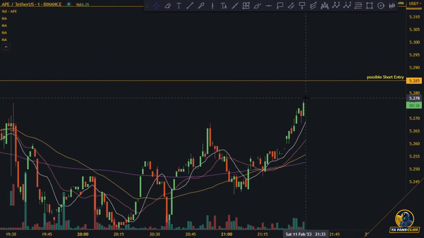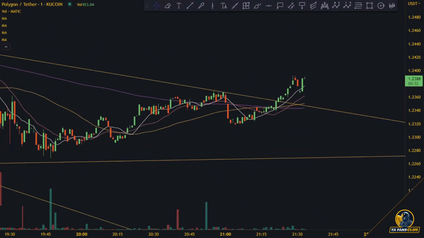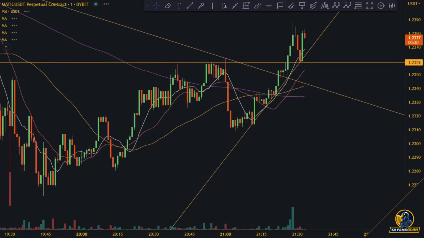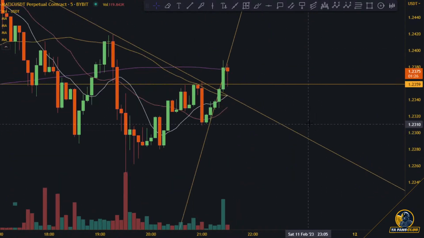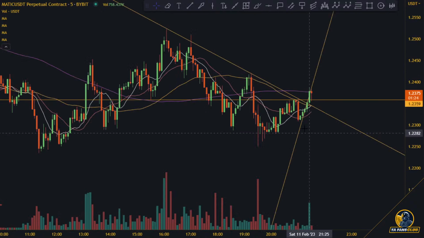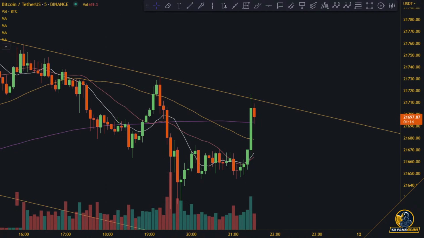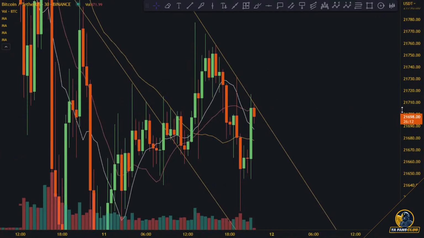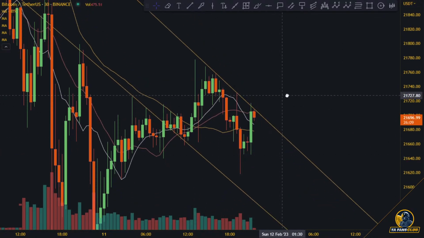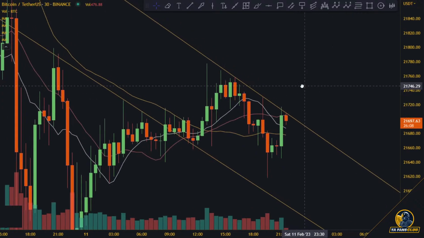It's going a little fast though. This went out of this expanding musical instrument up here. Bitcoin's a little undecisive. A little bit undecisive.